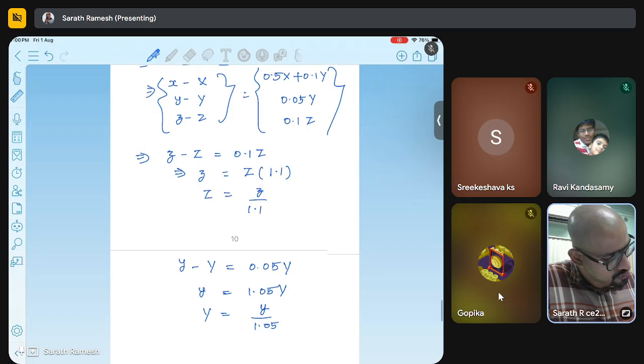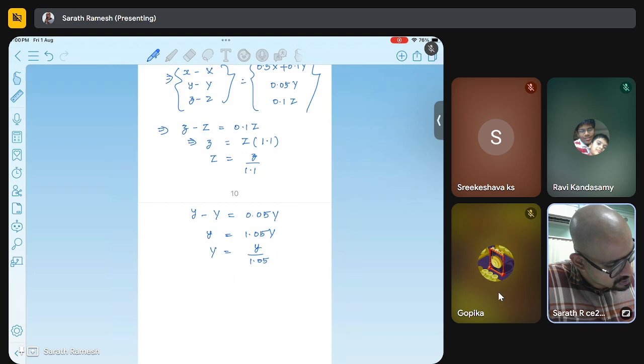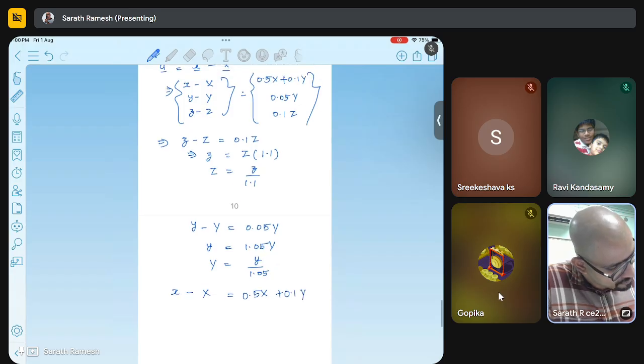Done. The last one: small x minus capital X is equal to 0.05 capital X plus 0.1 capital Y. Let's substitute capital Y, 0.1 times y by 1.05.